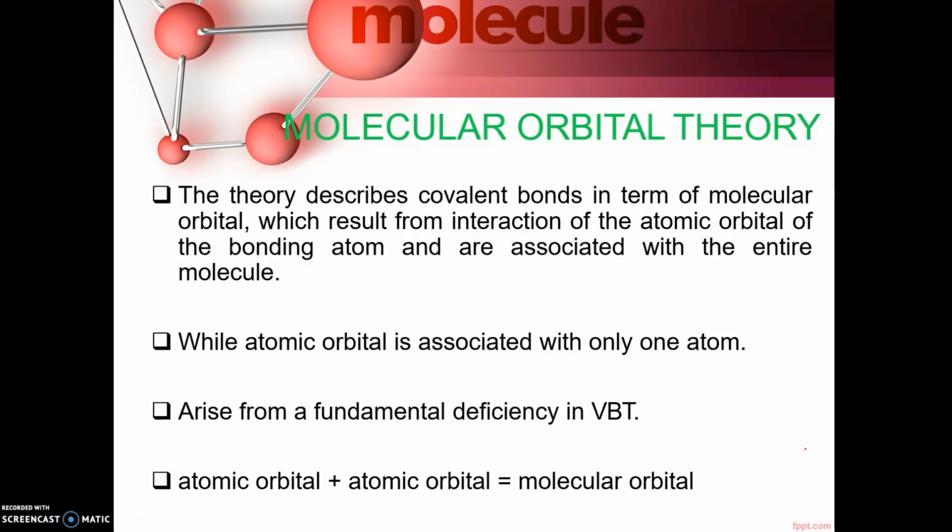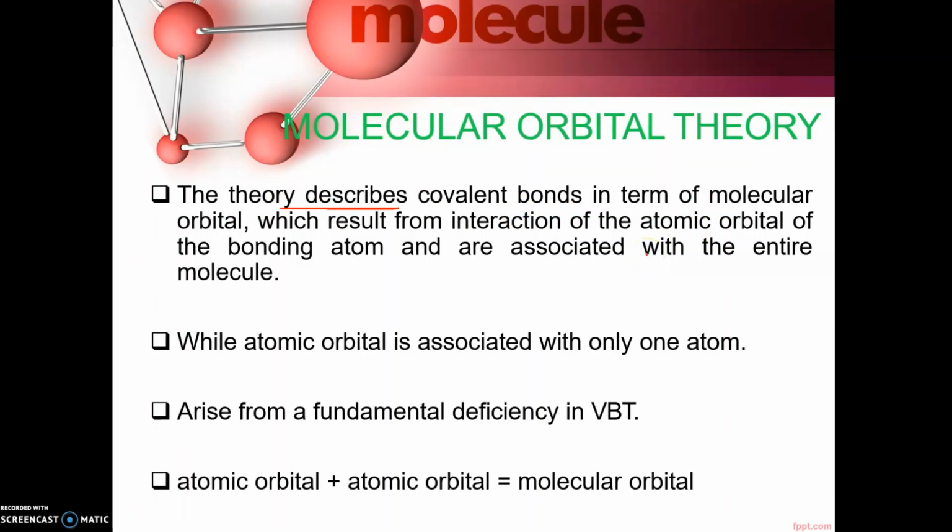Okay, first, molecular orbital theory. This theory describes covalent bonds in terms of molecular orbitals. Before this, in chapter 1, we described the covalent bonds in terms of atomic orbitals. In this theory, molecular orbitals result from the interaction of atomic orbitals of the bonding atoms and are associated with the entire molecule.